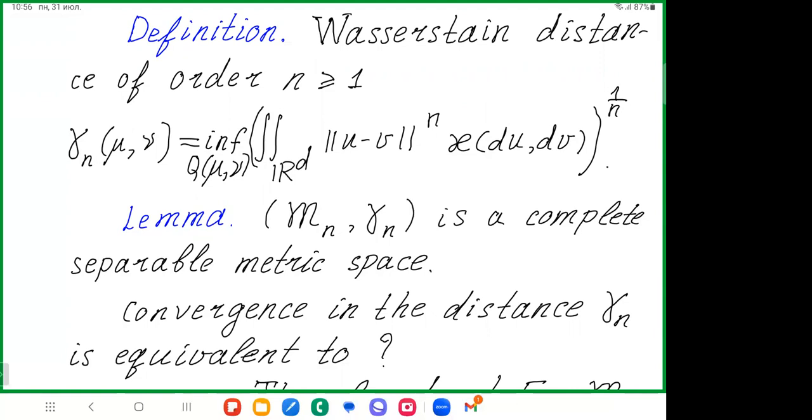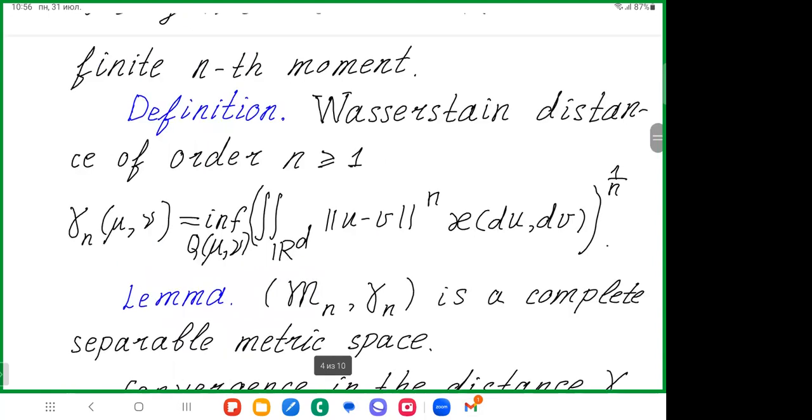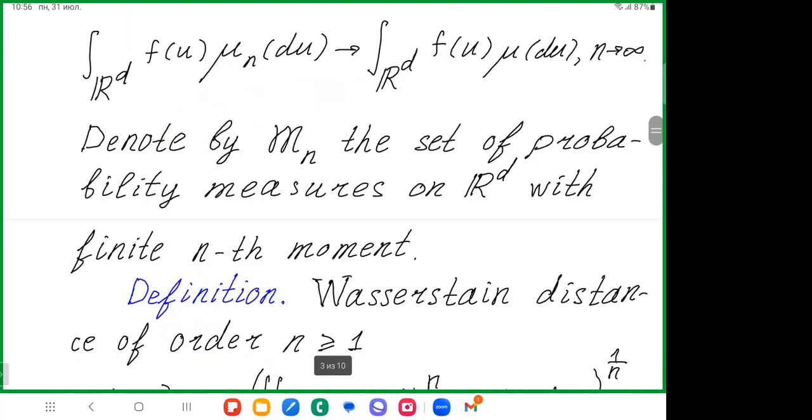In order to understand what happens, it is good to have a characterization of compacts in both cases, M_n and M_gamma_0.